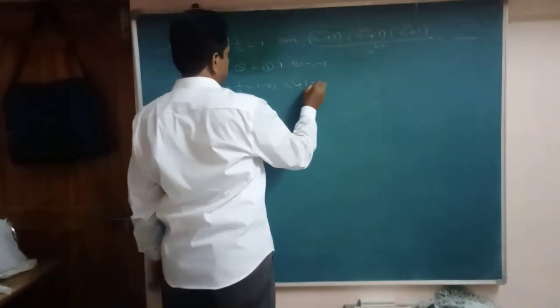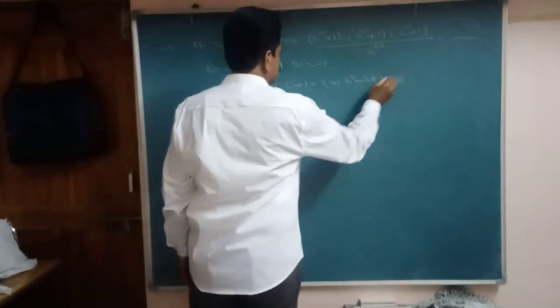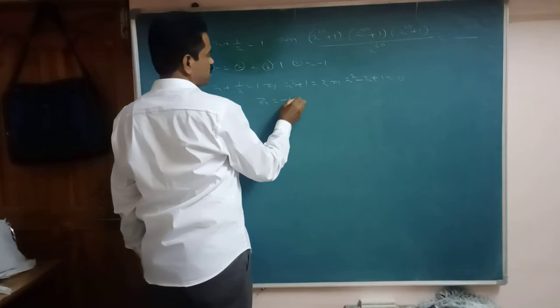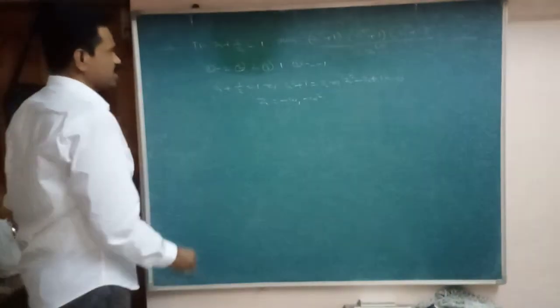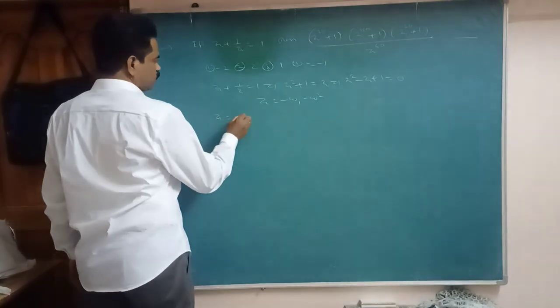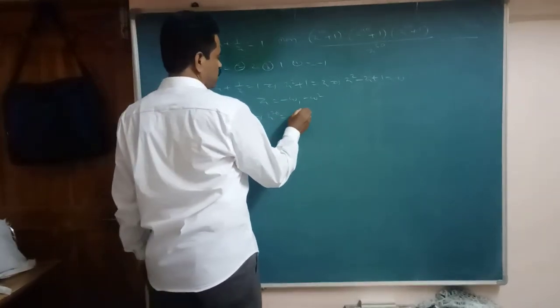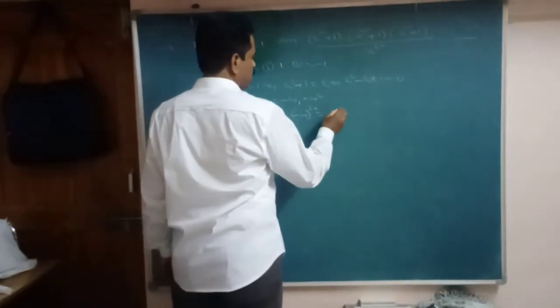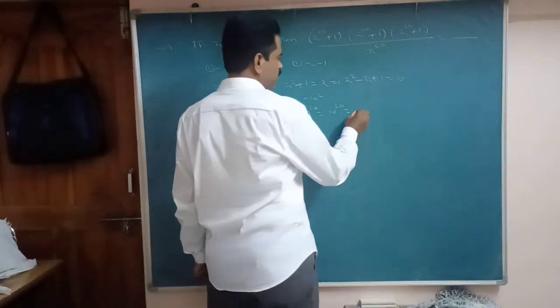See here, z plus 1 by z equal to 1. Taking LCM, z square plus 1 equal to z, then z square minus z plus 1 equal to 0. So the roots are minus omega, minus omega square. Suppose z equal to minus omega, you take here. Then z power 20 is how much here? Minus omega power 20, that is omega power 20. 6 times, so remaining what here?